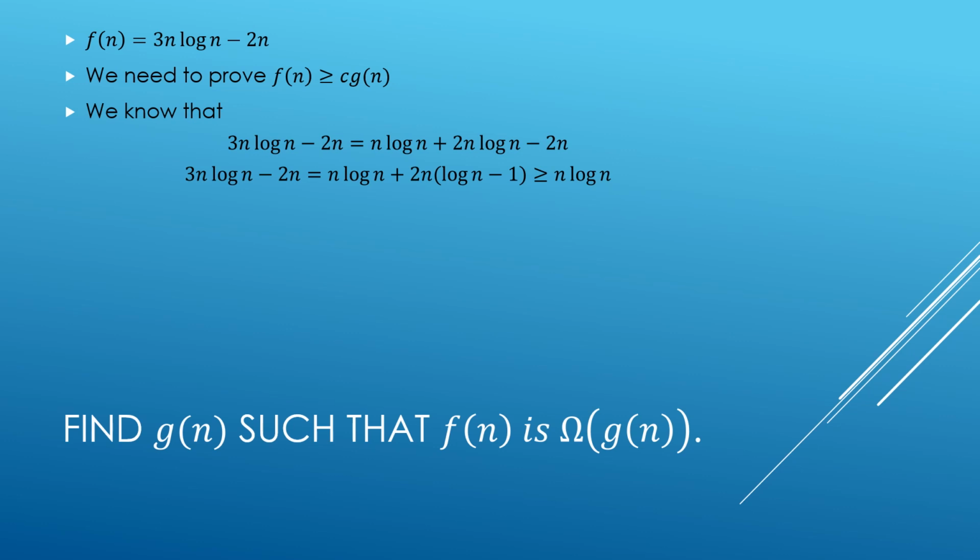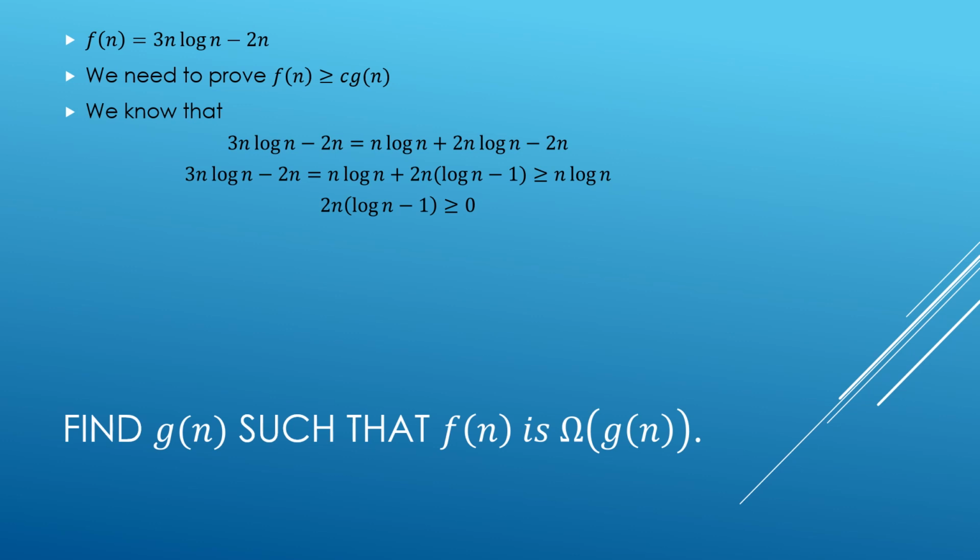n log n plus 2n, whole multiplied with (log n minus 1), is greater than or equal to n log n. But this will only be satisfied when 2n(log n minus 1) is greater than or equal to 0.